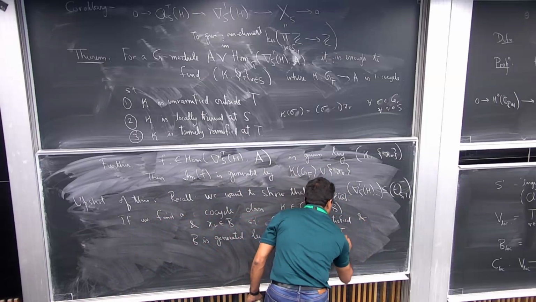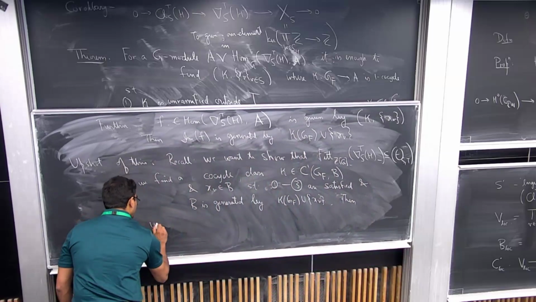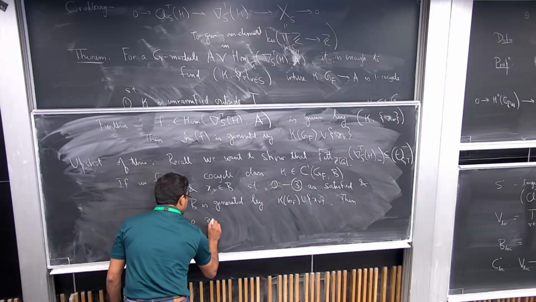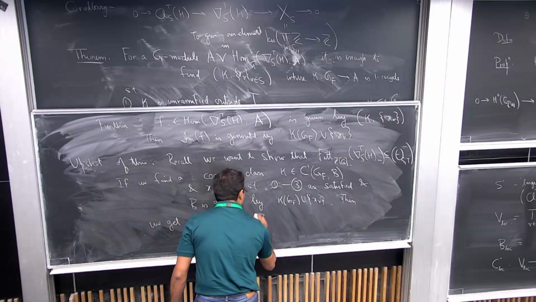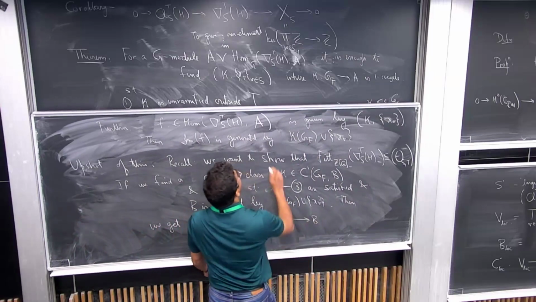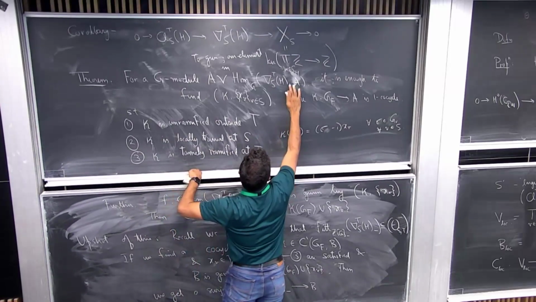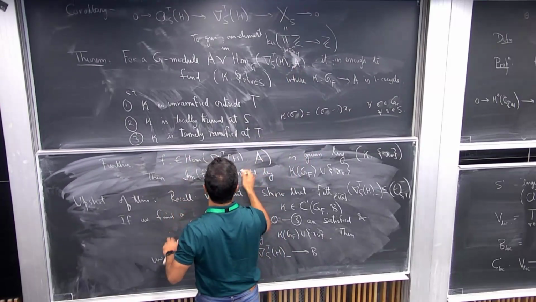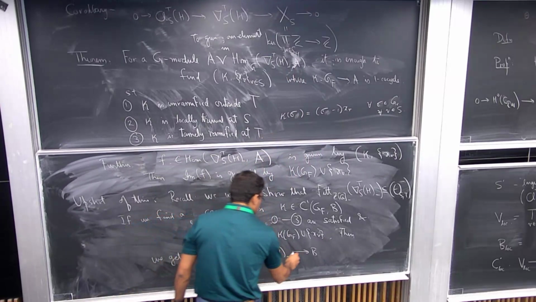then we get a surjective G module homomorphism from nabla. Now, I was worried about whether I want minus here, but I think everything we do is on the minus. So we have a surjective homomorphism here.